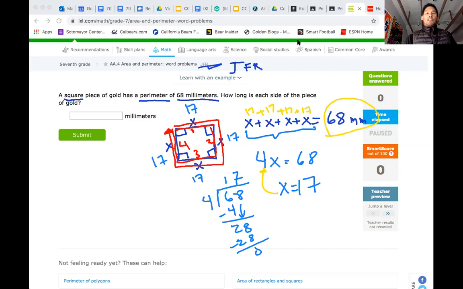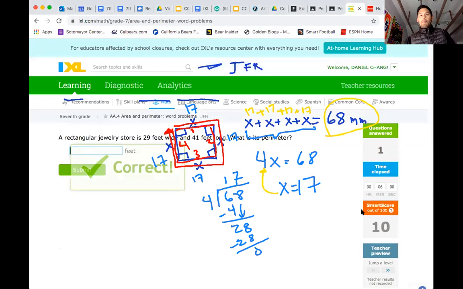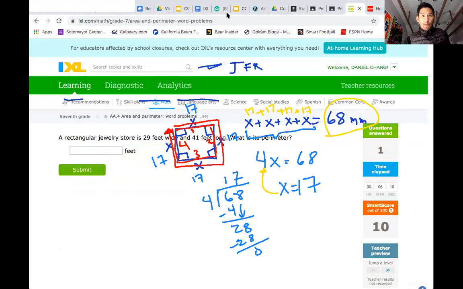So my answer here: each side is 17 millimeters. Submit. Boom, my smart score goes up. I'm really psyched. That's the first question at least.